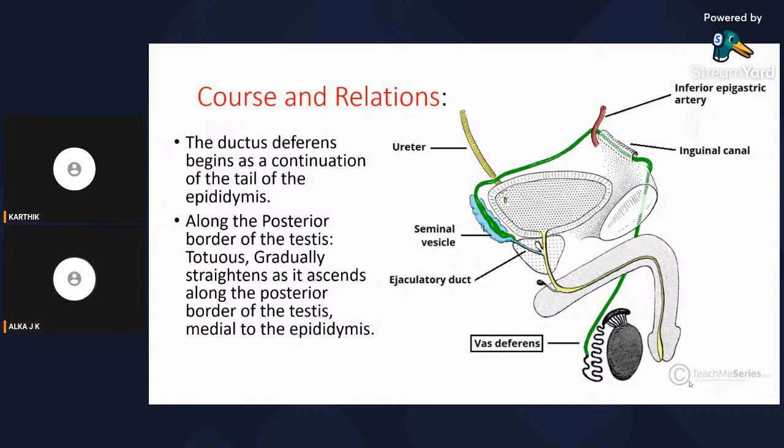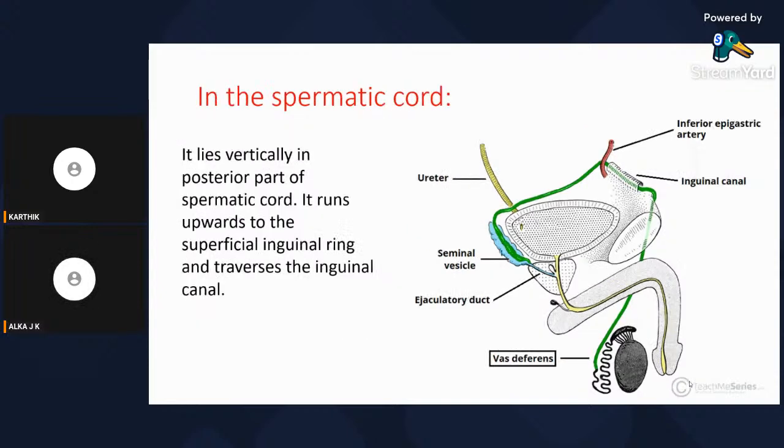Course and relations: the ductus deferens begins as a continuation of, I told you, the tail of the epididymis. Along the posterior border of the testes, it becomes tortuous, gradually straightens as it ascends along the posterior border of the testes, medial to the epididymis. In the spermatic cord, it lies vertically in the posterior part of the spermatic cord.